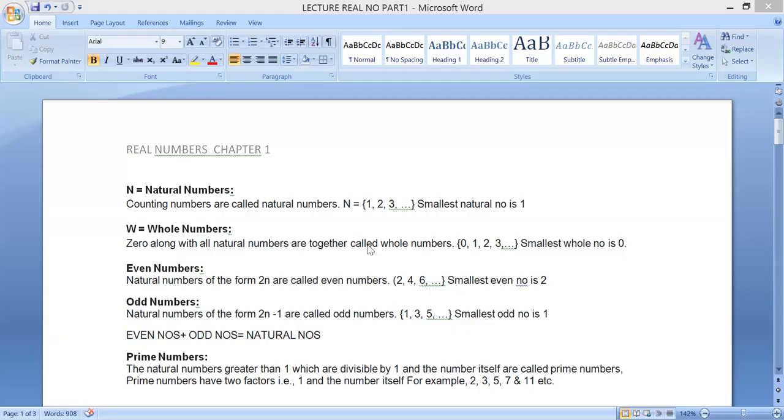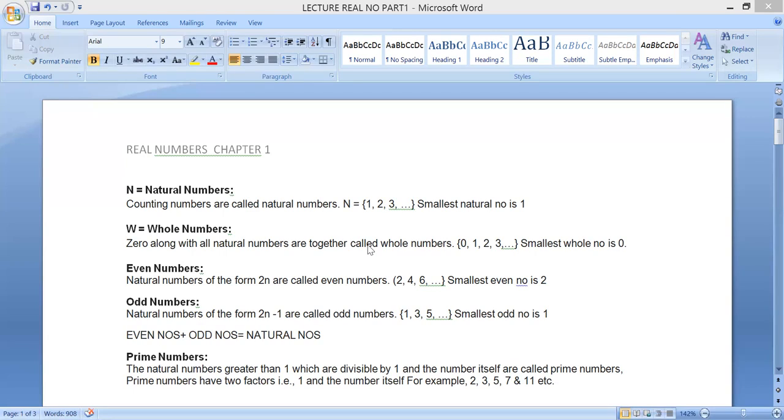After this, now we must know even numbers. When we talk about natural numbers, that is 1, 2, 3, 4, 5, 6, 7, all the natural numbers are divided into two parts, even numbers and odd numbers. There are different types of numbers. So before that, you must know even numbers. Natural numbers of the form 2n are called even numbers.